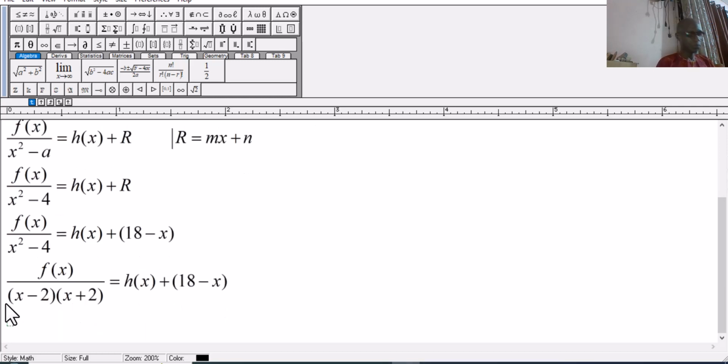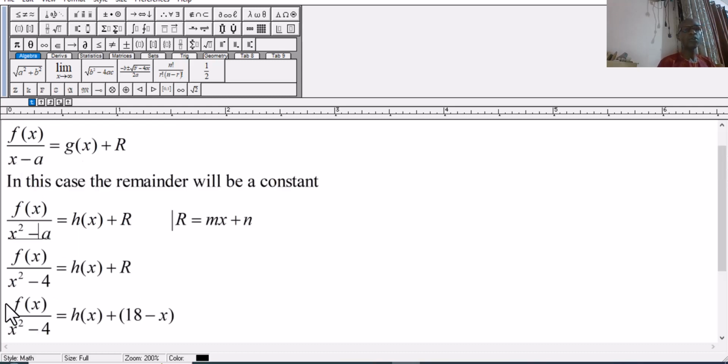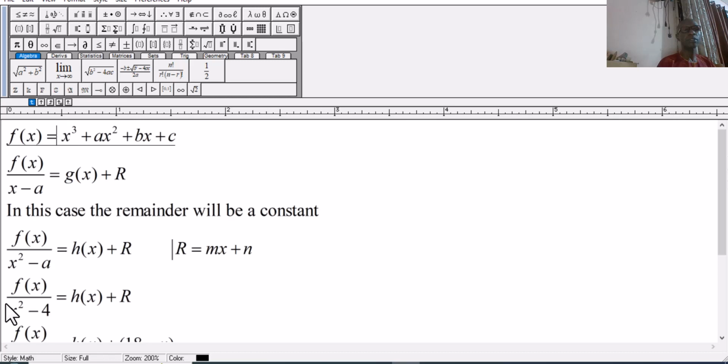So now let's start. When x minus 2 is used, we have f of 2. So our original question is this.